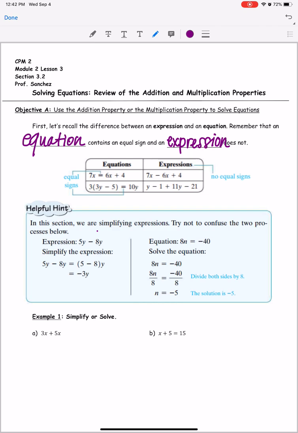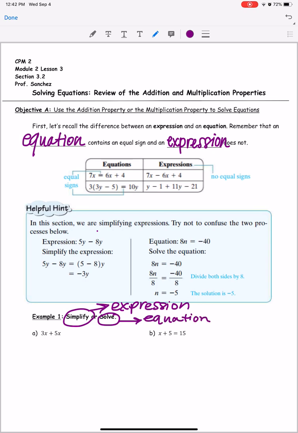Now, we need to try not to confuse these two processes below on when we are solving and when we are simplifying. So for example, on this first one, example 1, it says simplify or solve. You simplify an expression, but then you solve an equation.